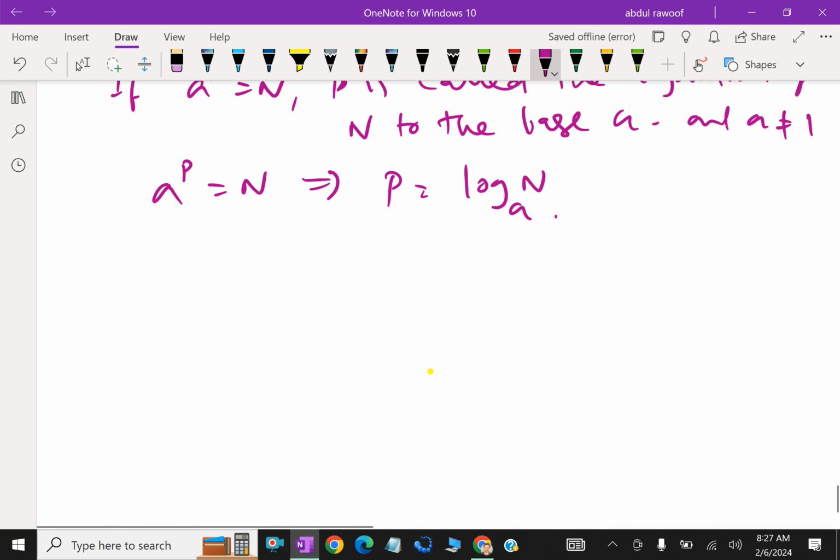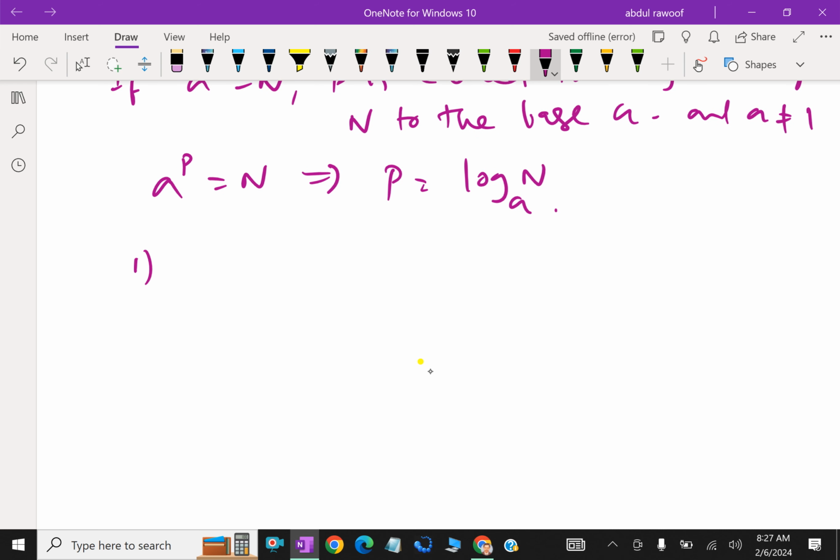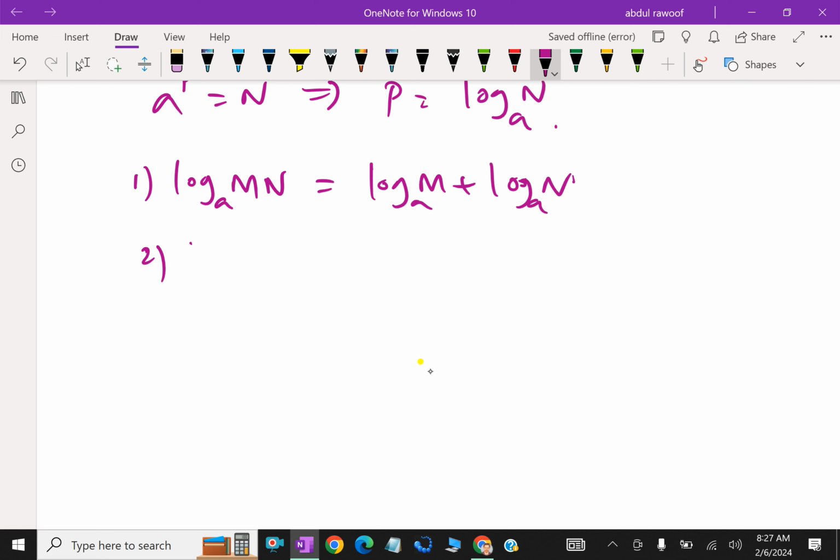Now some rules you can see. First one, log of mn equals log m plus log n. The base is a common base, you can write base a. Similarly, log of m over n is log base A of m minus log base A of n.